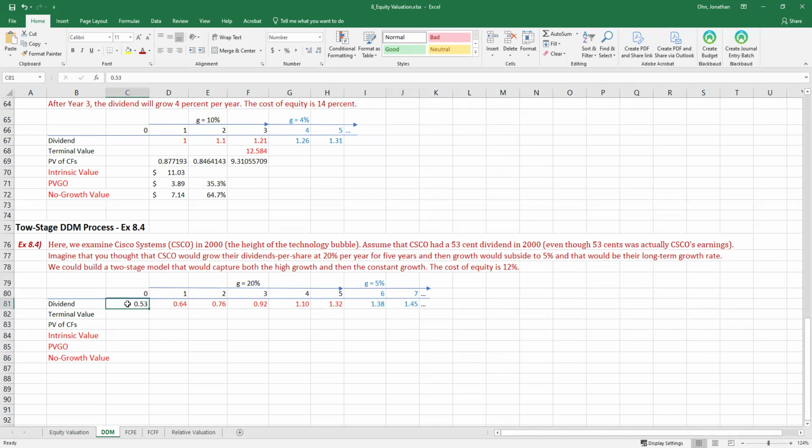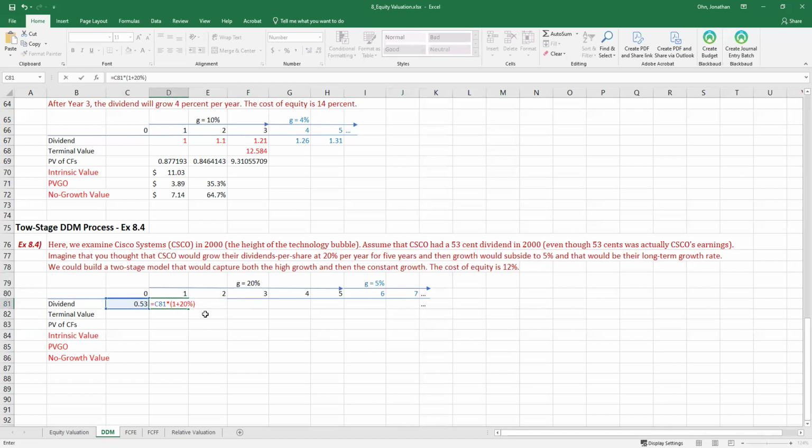So based on this, how do you calculate that? Again, this one is not given. We just calculate. How do you do that? The first 5 years is 20%. That means you calculate this one based on 53 cents times 1 plus 20%.